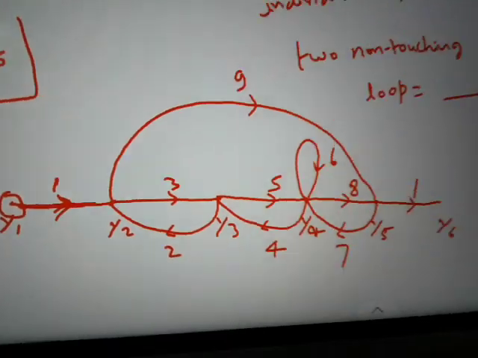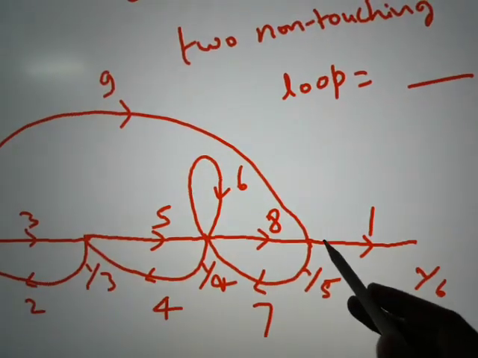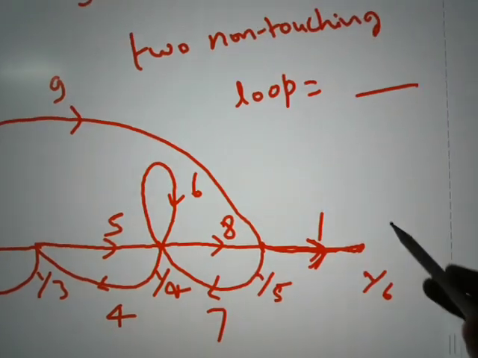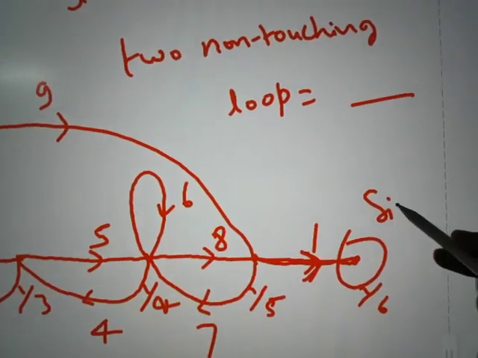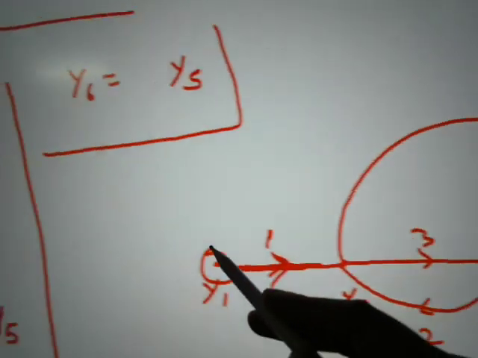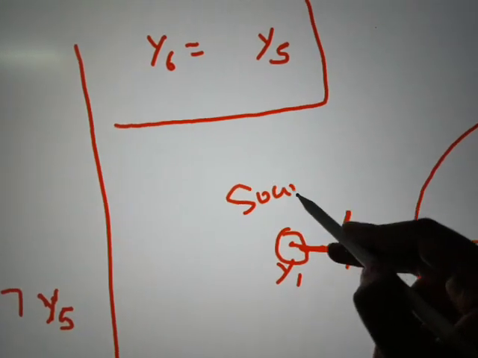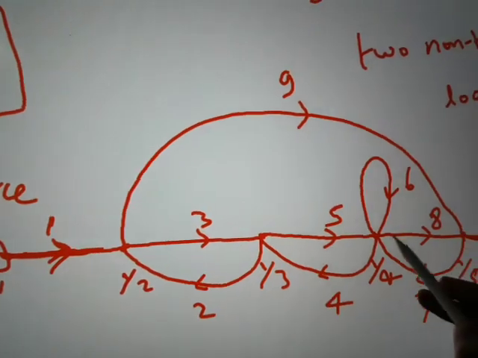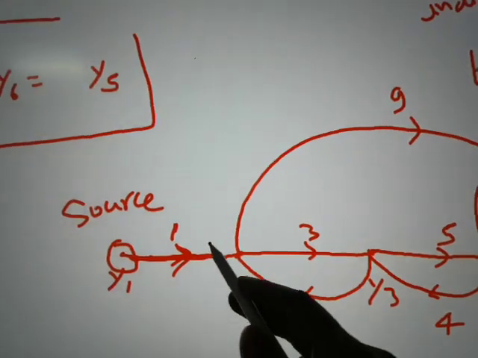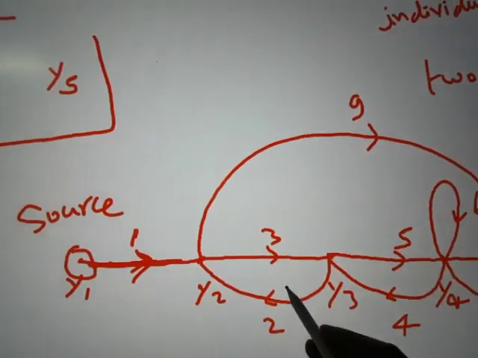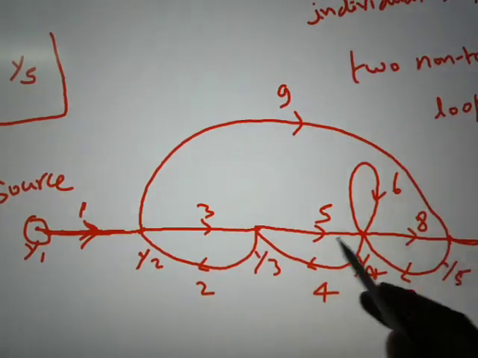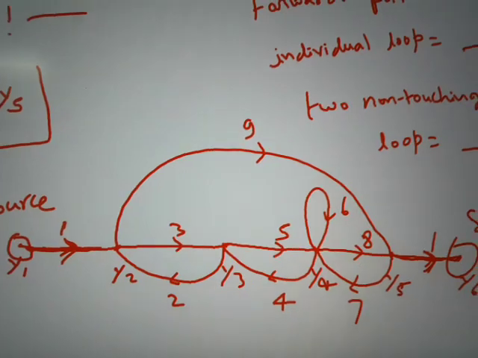Now coming to y5, at this node only an incoming branch is there, so this is my sink node. All other nodes, y2, y3, y4, have both outgoing as well as incoming branches, so all these will be mixed nodes.